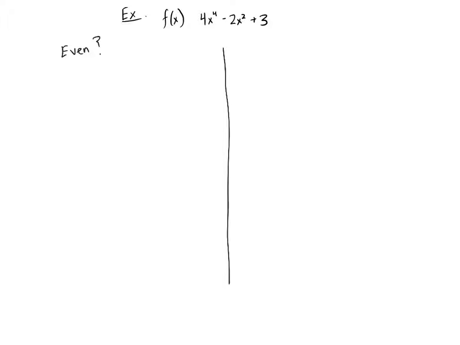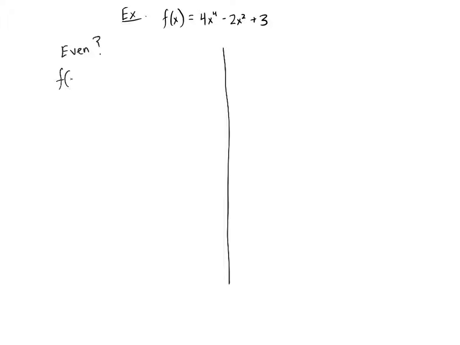All right, example 2. F of x equals 4x to the 4 minus 2x squared plus 3. So looking at the exponents, they're all even, aren't they? So this could be an even function, because if I put a negative 1 raised to 4, it's positive, right? If it's an even exponent, you'll get the same thing. So let's see what happens.